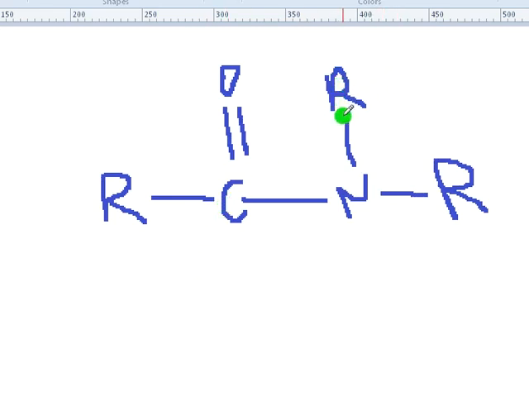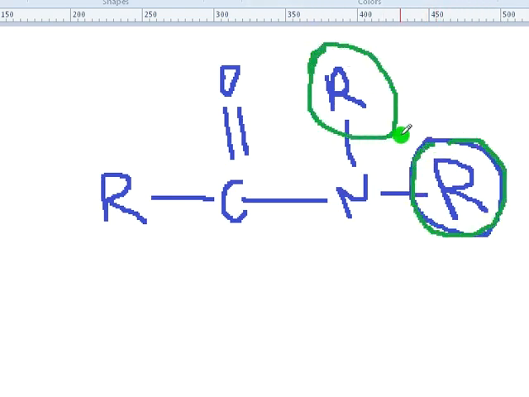To give the name for this structure, number one, you have to give the name for this alkyl group bonded to the nitrogen atom. This will be number one, the first part of the name.